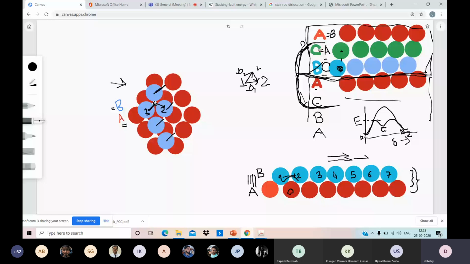So we call it dissociation, where B1 is dissociating into B2 plus B3. Dissociating means that instead of this movement, the movement happens by the combination of these two.